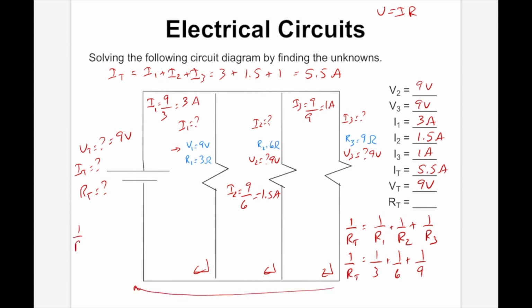So we're going to have 1 over RT equal to 1 divided by 3 plus 1 divided by 6 plus 1 divided by 9. And that equals 0.611. Now to figure out RT, it's going to be 1 divided by 0.611. And that equals 1.64 ohms. 1.64 ohms. And we're done.